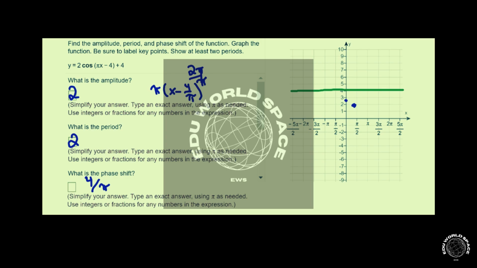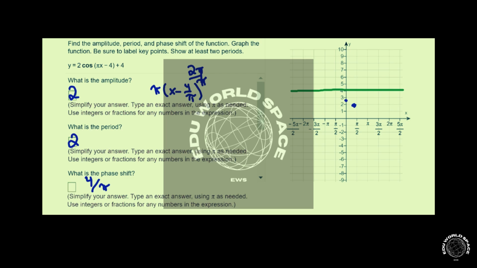It's technically 4 over pi. No, it's not actually. 4 over pi would actually be the maximum, which is a little over 1.